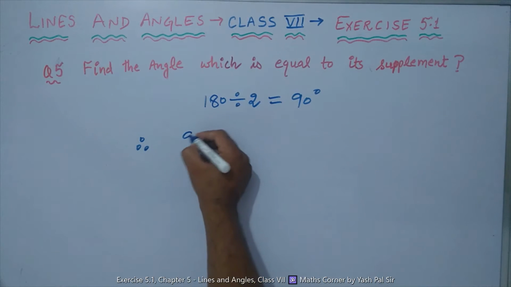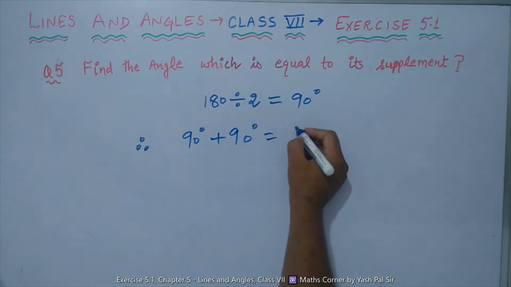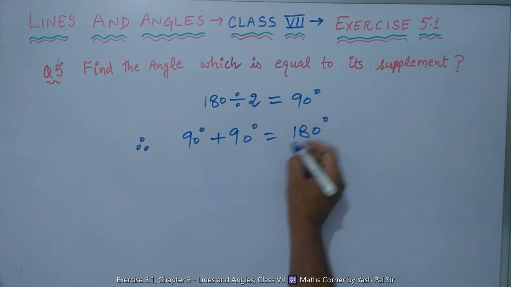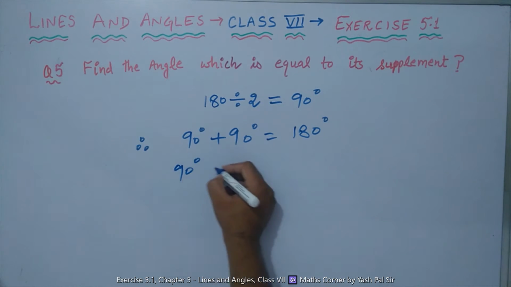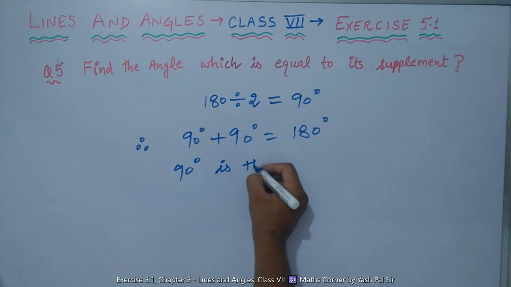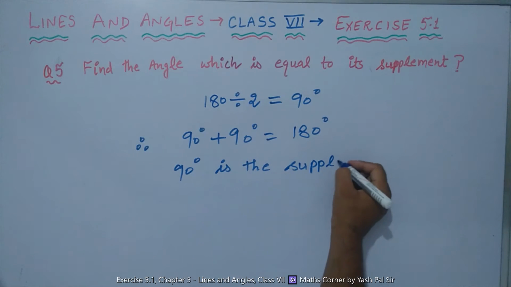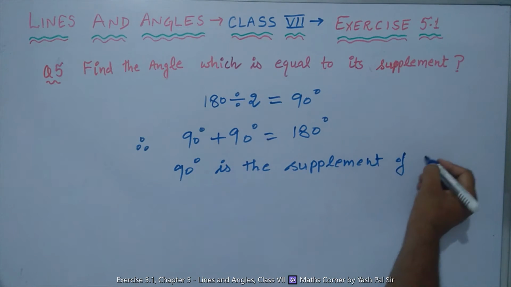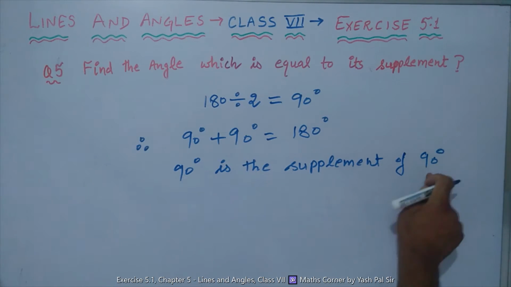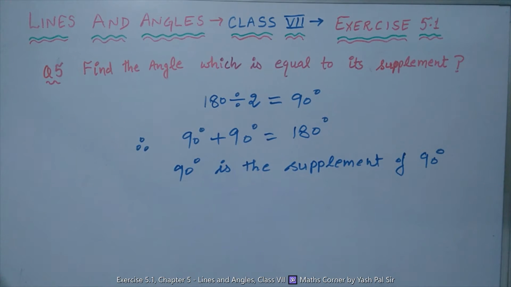Therefore 90 degrees plus 90 degrees is equal to 180 degrees. What does this mean? 90 degrees is the supplement of 90 degrees. Okay, supplement means the sum is equal to 180 degrees.